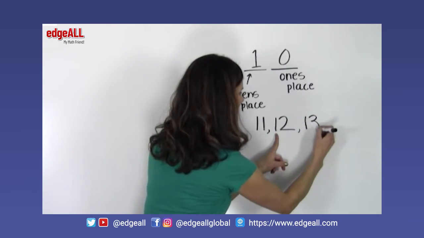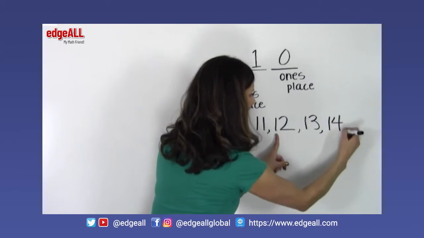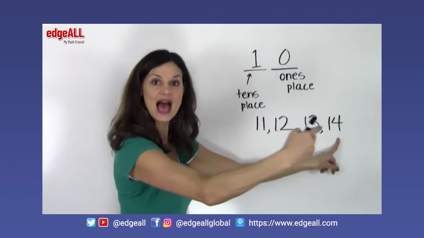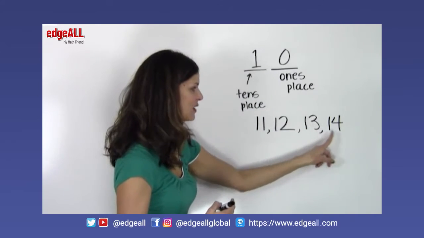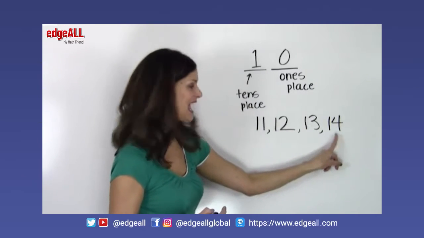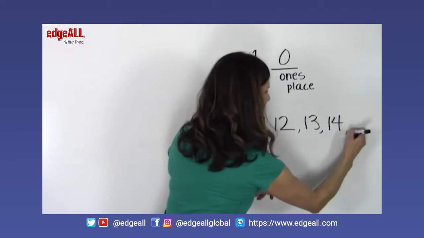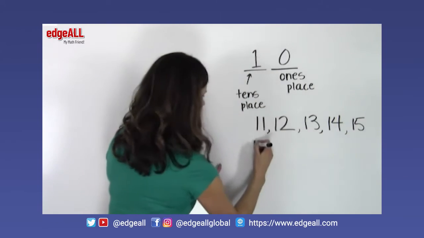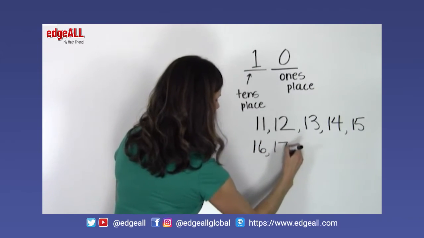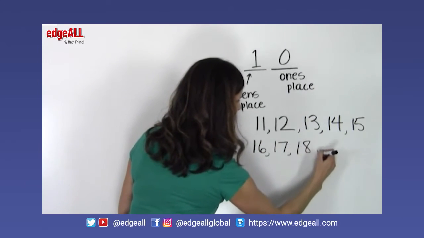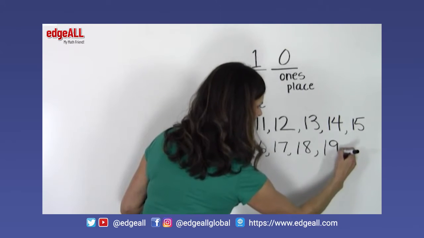And then 13 and 14. Each time I'm going up, I'm really just adding 1 to the ones place and keeping a 1 in the tens place. 15, 16, 17, 18, and 19.